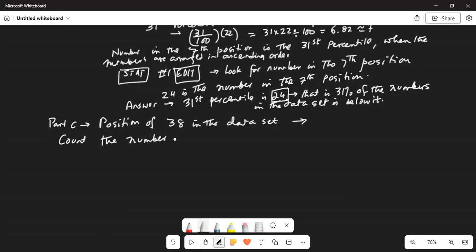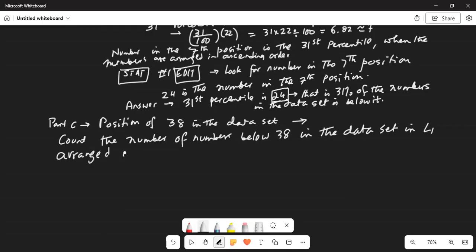Count the number of numbers below 38 in the data set in L1, arranged in ascending order. Okay, so let's go and take a look at how many numbers are below 38.